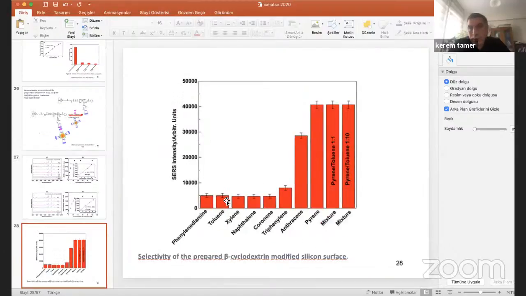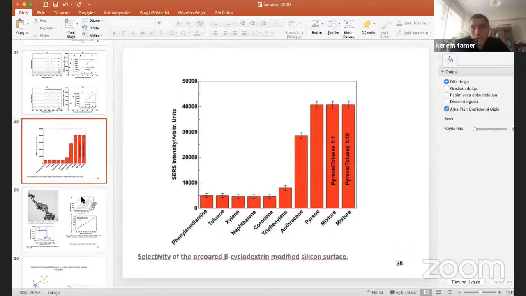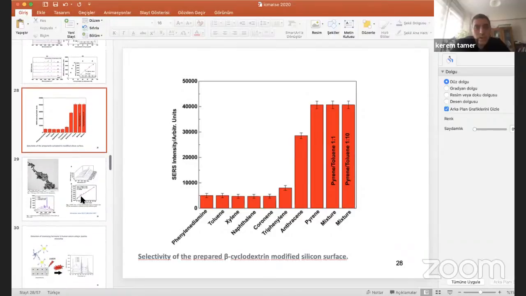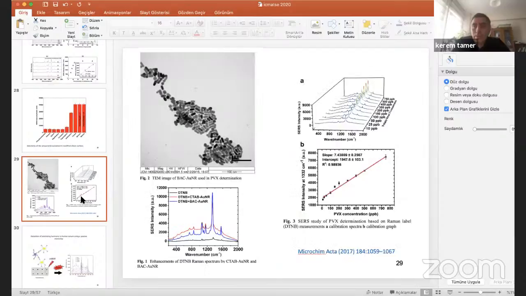As you see, selectivity is not good here because the beta cyclodextrin unit is not selective when you compare it to the aptamer or antibody. But this is a proof of concept demonstration. You can also detect some virus system in a complex matrix. Actually, using this strategy you can also detect the COVID-19 virus.